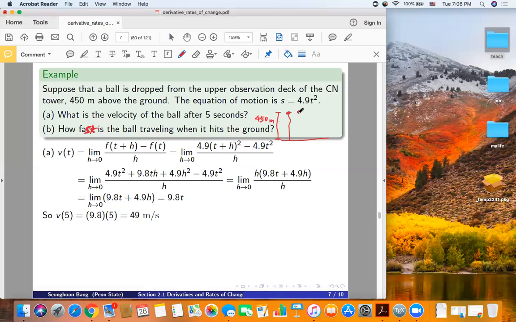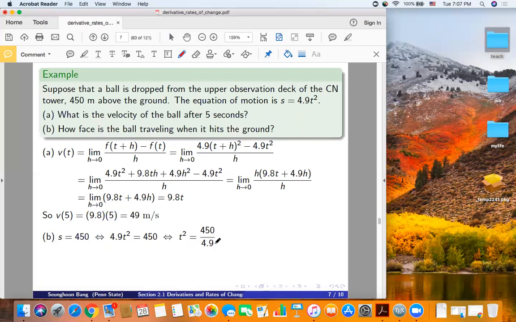The ball falls down, so when the ball hits the ground, the total traveling distance is 450 meters. So first, you solve for the distance s equals 450. What is s? s is 4.9 t squared. You plug into here: 4.9 t squared equals 450. Next, divide by 4.9.